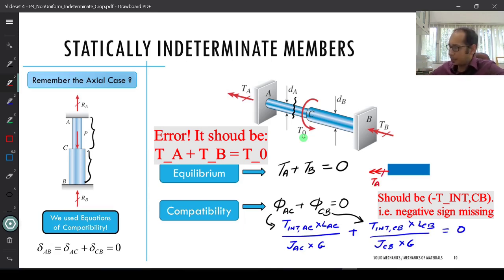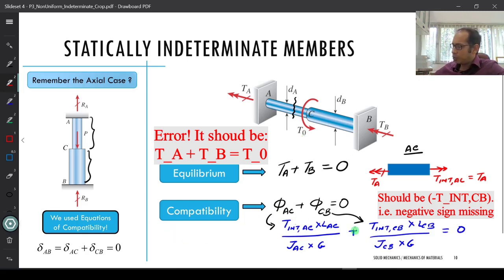So to compensate that in the section AC, so this is my section AC, right? To compensate that on the right side, I must have the balancing torque, that is, internal T must be equal to TA, right? Similarly, you can write for the section CB, so you will have two equations.